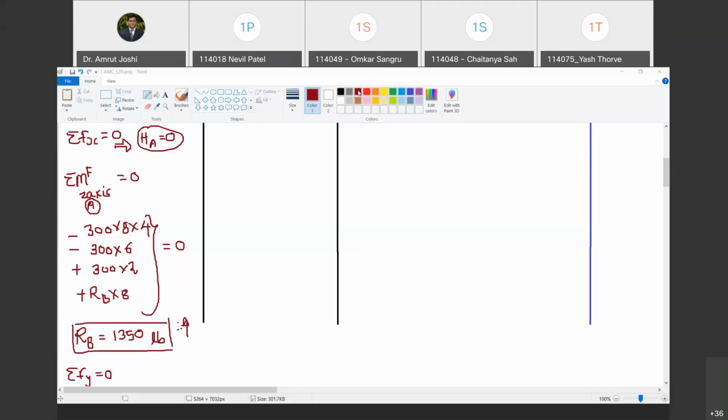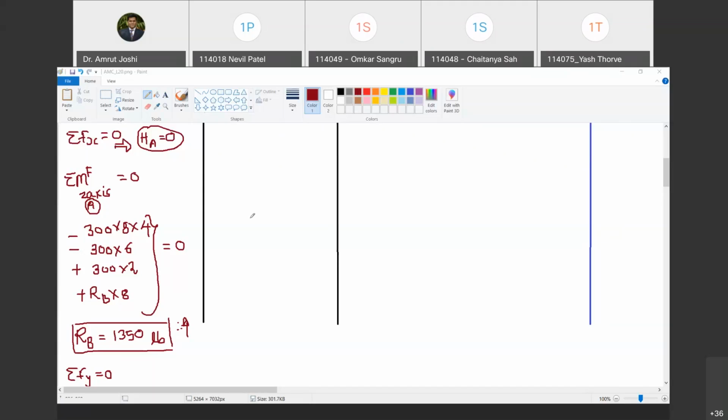So let me calculate the value of RB. It is 300 into 8 into 4 plus 300 into 6 minus 300 into 2, which is 10800 divided by 8.